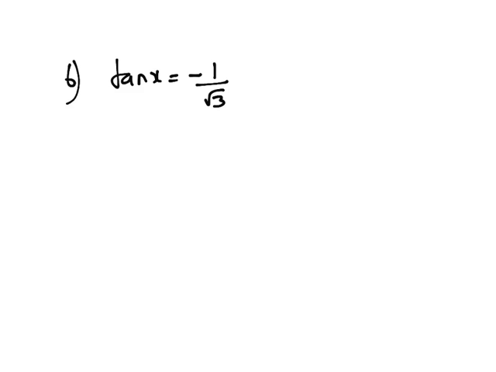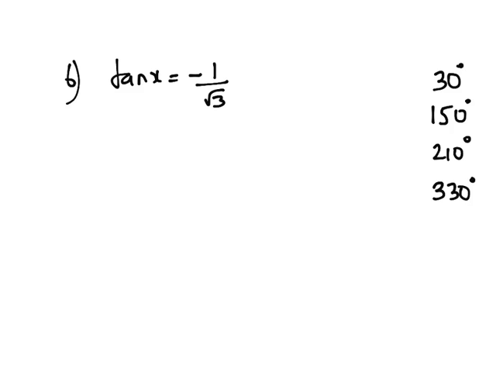We know that tan 30 degrees is equal to 1 upon root 3. So let us consider the four angles associated with 30: 30, 150, 210 and 330 degrees.